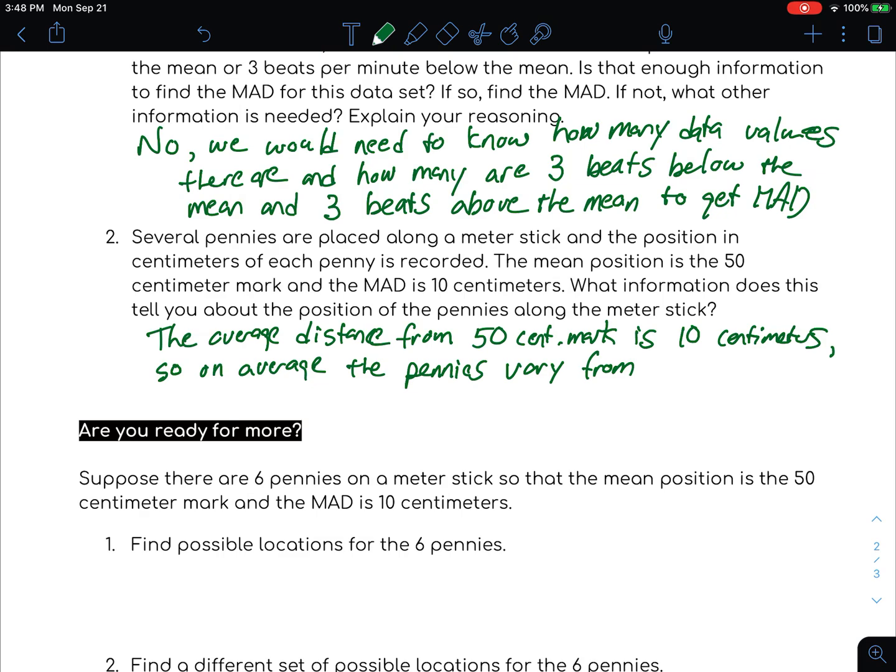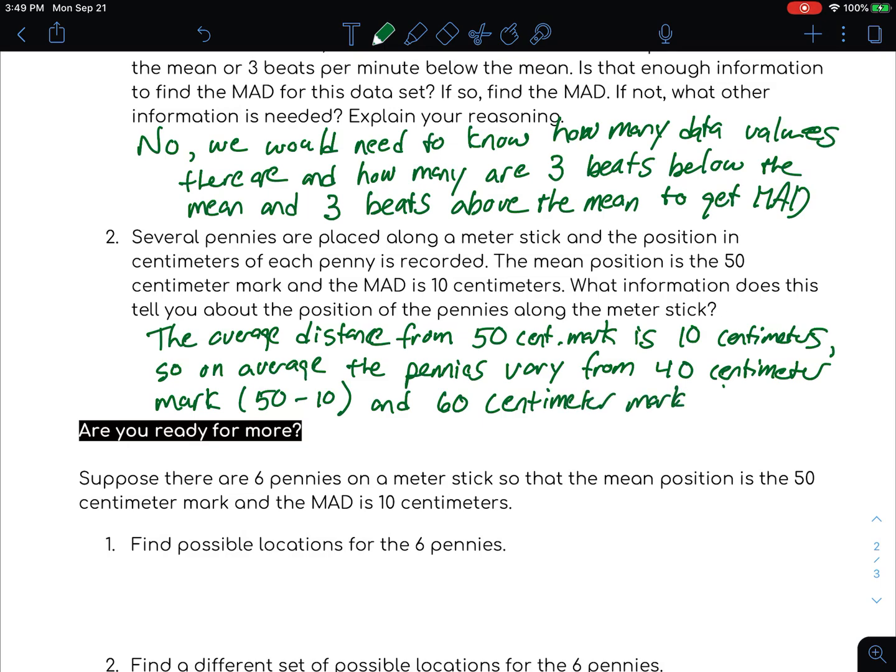So on average, the pennies vary from the 40 centimeter mark, which is 10 centimeters below the mean, 50 minus 10, and the 60 centimeter mark, which is 10 centimeters above the mean.